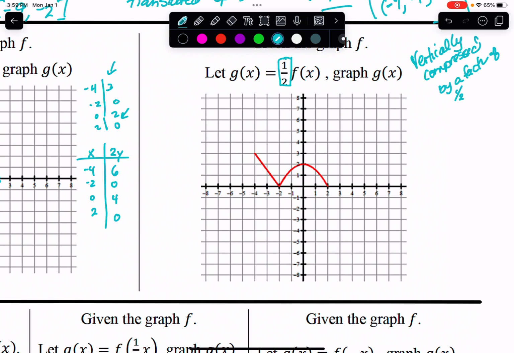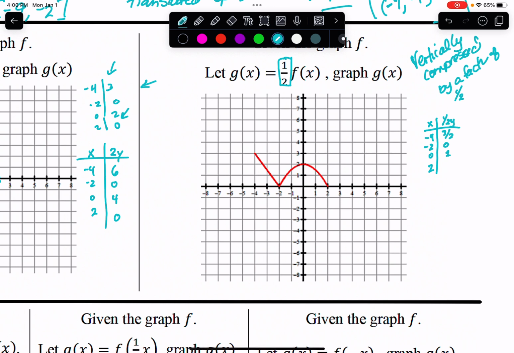This time, I still would have my same x's, so I'm going to look over here. The graph is exactly the same. And I am going to do it times 1/2 y. So I have -4, -2, 0, and 2. And then half y would be 3/2, 0, 1.